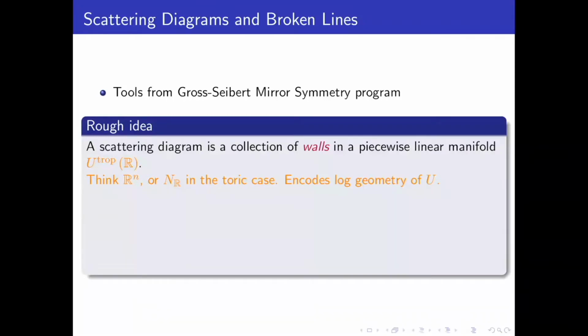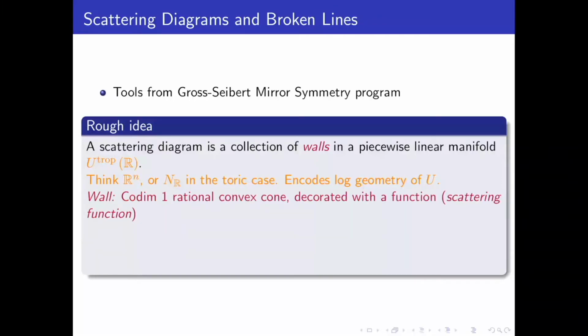Each ray has some primitive generator, some cocharacter, and those cocharacters are giving you toric divisors. So U^trop(R) is going to play the same role in the log Calabi-Yau case, and in particular in the cluster case.